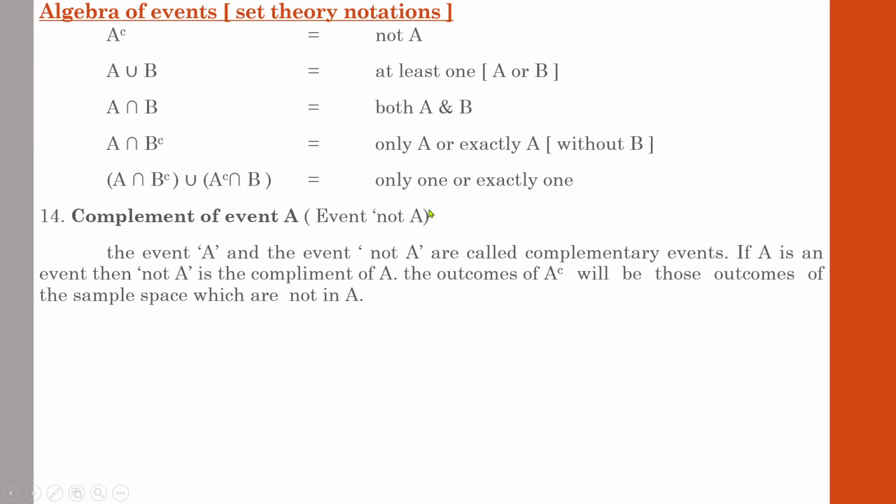Here A raised to C, or complement of A, means whatever is under study that doesn't include the items of A. In other words, you will use the term not in A, or not A. The outcomes of A raised to C will be those outcomes of the sample space which are not in A. That means elements belonging to A will not show.